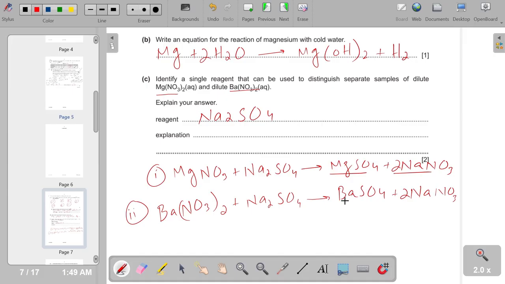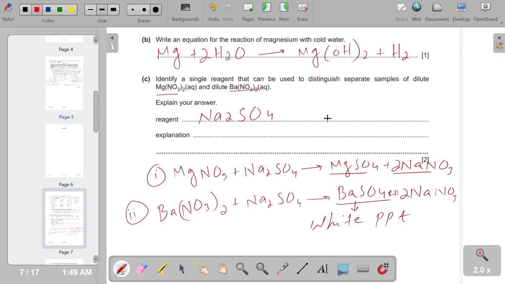The thing is, barium sulfate is a solid. It is a precipitate, a white crystalline solid, a white precipitate. So now you can see when you use Na2SO4, we get magnesium sulfate and barium sulfate.